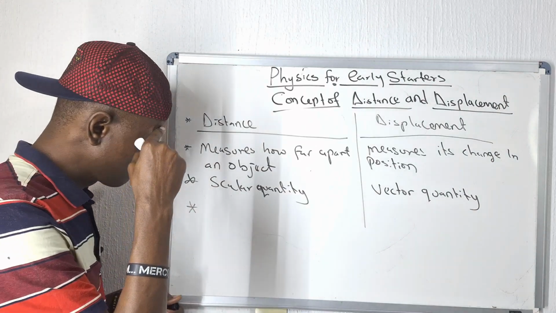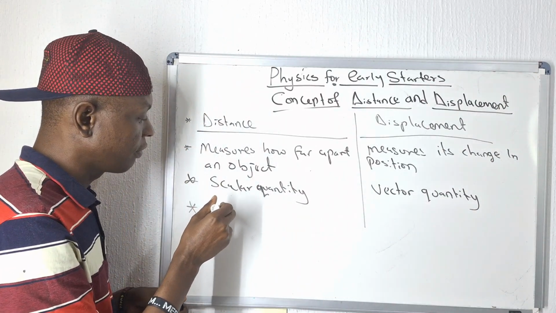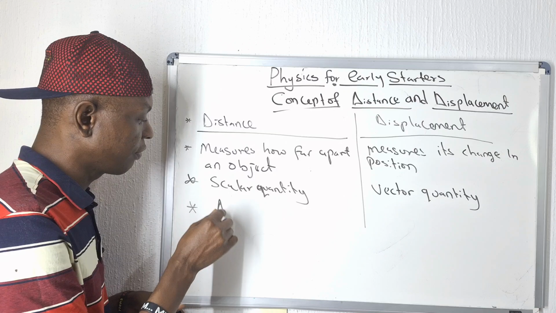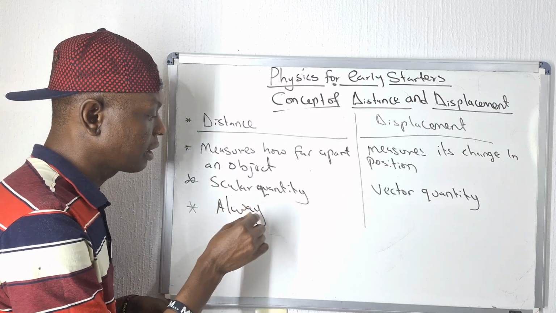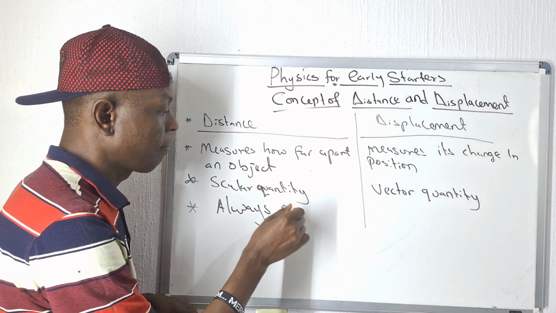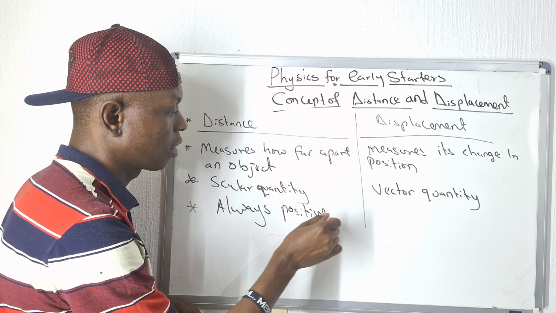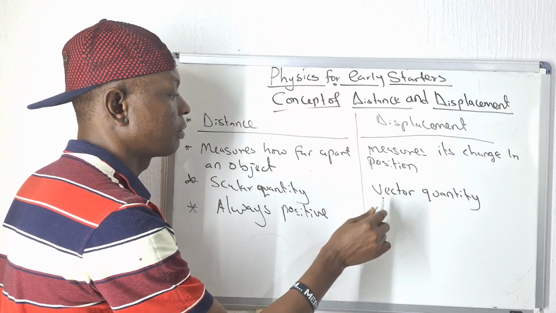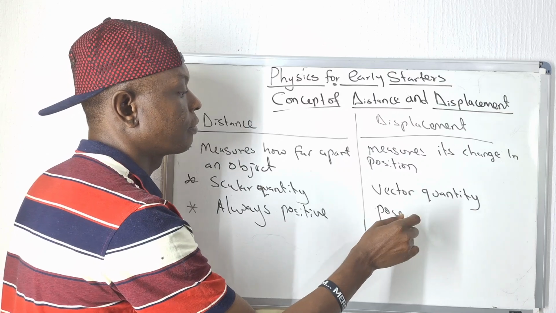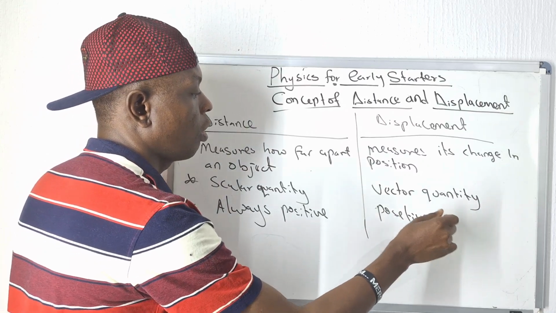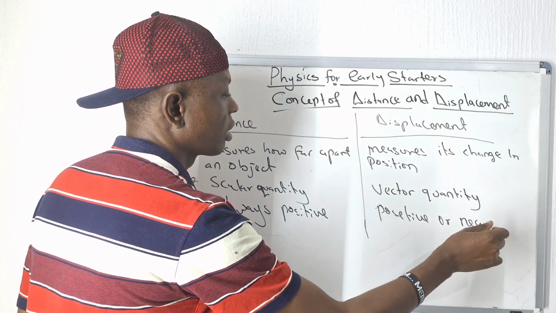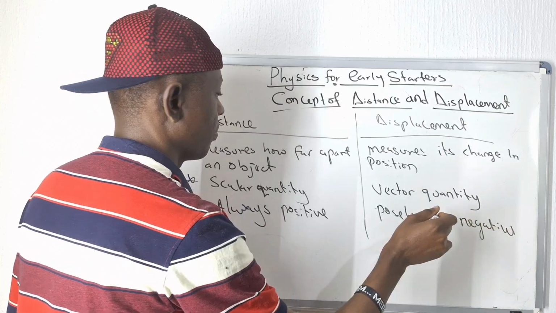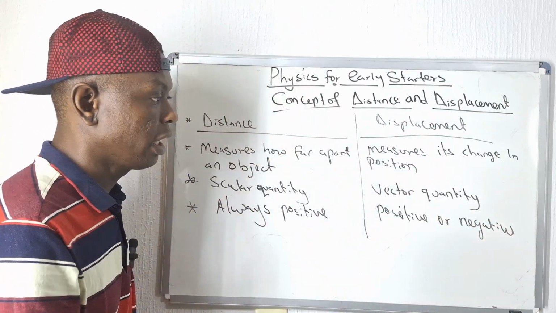Distance is always positive. The value for distance is always positive, while displacement can be positive or negative.